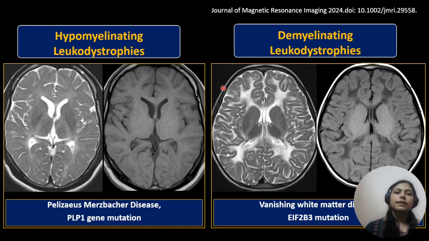The white matter signal in demyelinating leukodystrophies shows more conspicuous hyperintensities as compared to hypomyelinating leukodystrophies, which have only a mild hyperintense signal of the white matter on T2 weighted image. Moreover, on T1 weighted image as well, the hypomyelinating leukodystrophies may have variable signal, whereas demyelinating leukodystrophies nearly almost always show hypointense signal of the white matter.